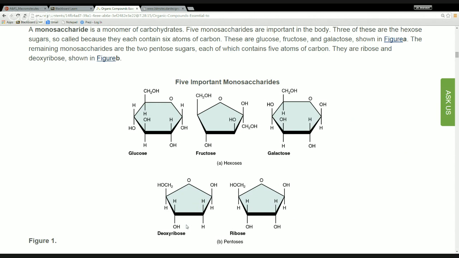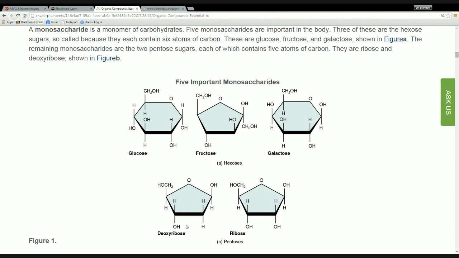The three at the top with 6 carbons would therefore have 6 carbons, 12 hydrogens, and 6 oxygens in them. All 3 of them have the exact same 24 atoms in them. What makes them different is how those 24 atoms are arranged in their structure. The middle one you can see is a 5-sided ring as opposed to the other 2, which are 6-sided rings, but they still all have the same number of atoms in them.